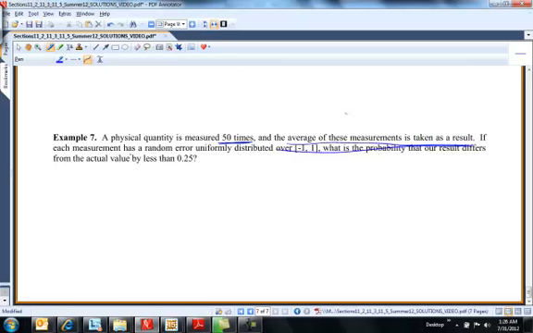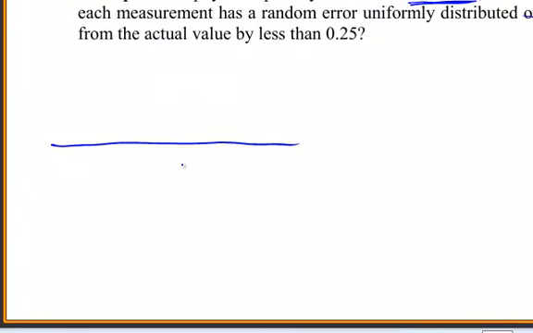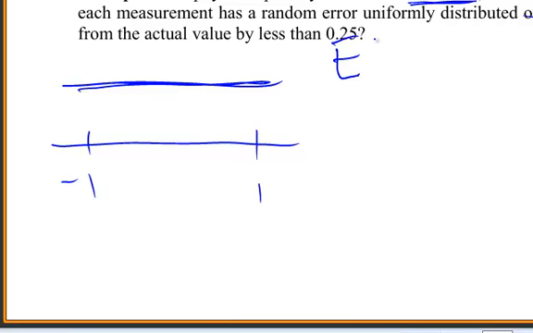Each measurement has random error uniformly distributed over -1 to 1. So every time I take a measurement, the error is equally likely to be anywhere in this interval. So let E be the error. Error has a uniform distribution, a equals -1, b equals 1.